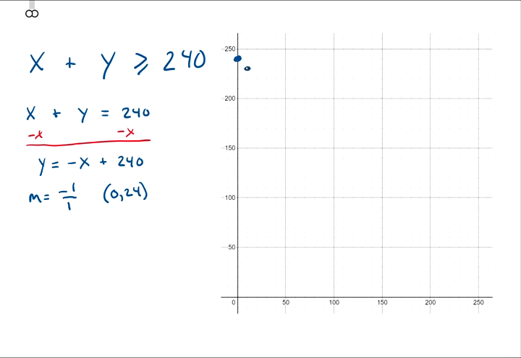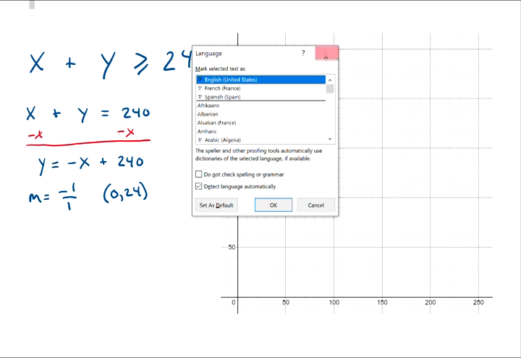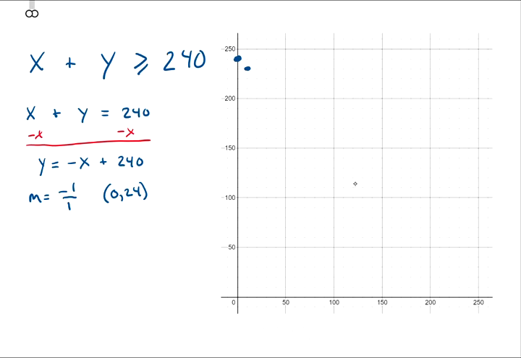I know those 2 points are really close together, but if we follow that line, we can extend it all the way. Now you'll notice I only have quadrant 1 given here in this graph. You don't see the full 4 quadrants. And the reason being is because X represents a number of people.